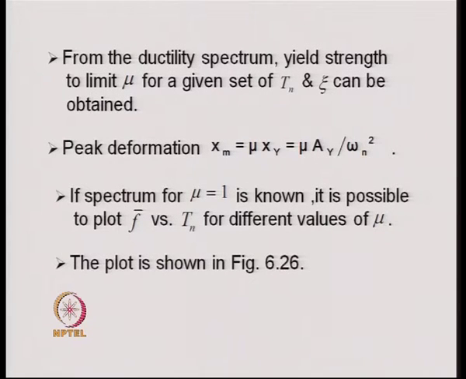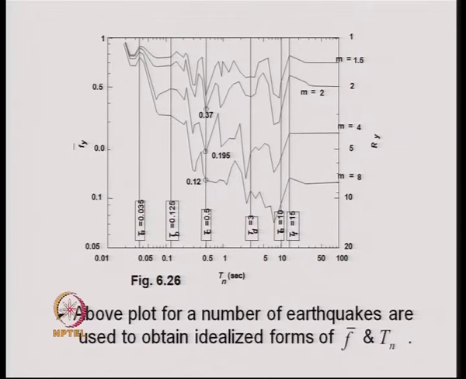From the ductility spectrum, yield strength to limit mu for a given set of Tn and Xi can be obtained. So, that we can see over here in this particular curve, the f bar y and Tn that is plotted over here for different values of mu. So, mu equal to 1.5, mu equal to 2, this is not m.